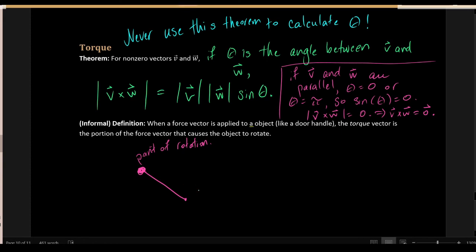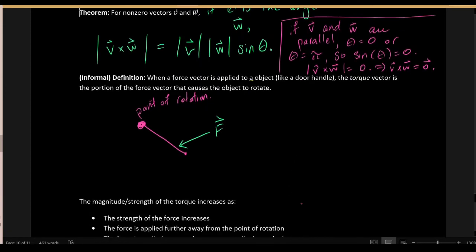Let's say this is a door handle, for example, which is attached to the door at the point of rotation, and we come in and we exert a force on the door handle with our hand. Maybe the force that we exert on this door handle is given by this green vector F. Now, when we do such a thing, that force causes the object to rotate around the point of rotation. The door handle will be rotated, and that is what allows the door to open up.